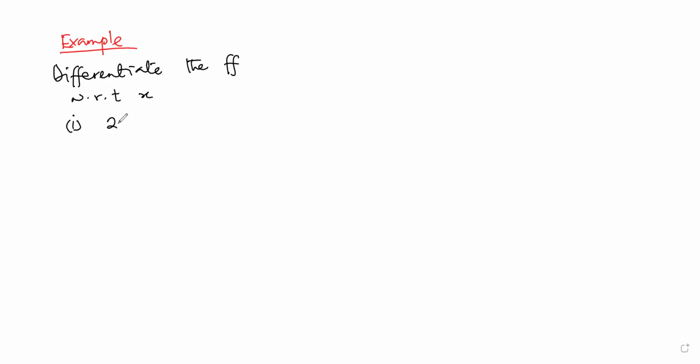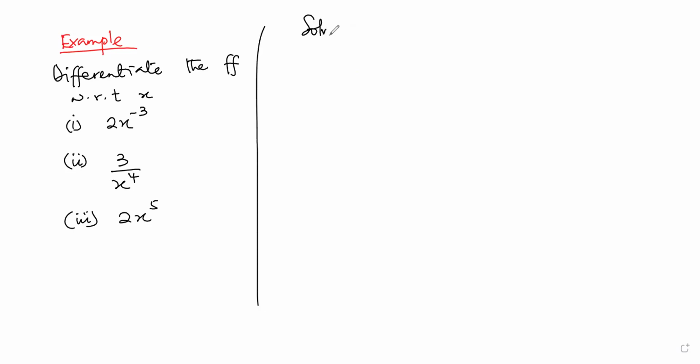The first one is 2x to the power minus 3. The second one is 3 over x to the power 4. The third one is 2x to the power 5.